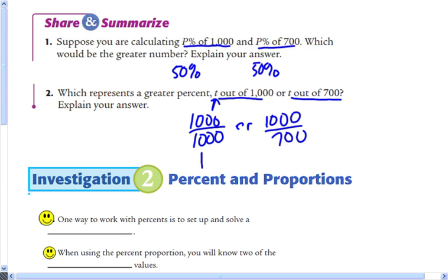Well, 1,000 out of 1,000 is 100%. 1,000 out of 700 is greater than 100% because the numerator is bigger than the denominator in this ratio. So if you're taking a certain number out of two different numbers, if you're taking it out of the smaller number, that's going to be a greater percent.